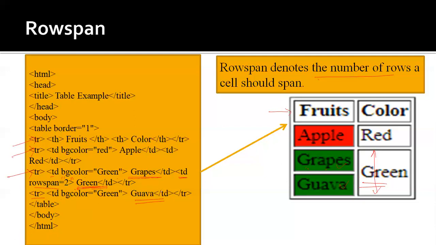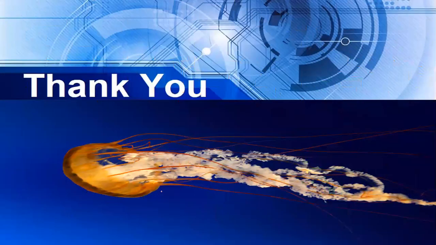We do not need to write green again as it is already specified in previous row. So this is an example of row span. Next, we will continue in our next lecture.